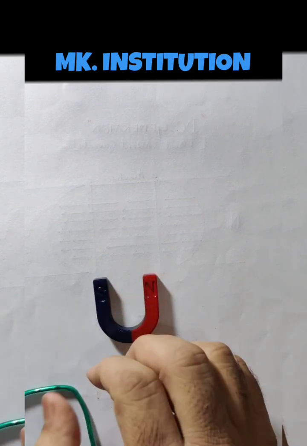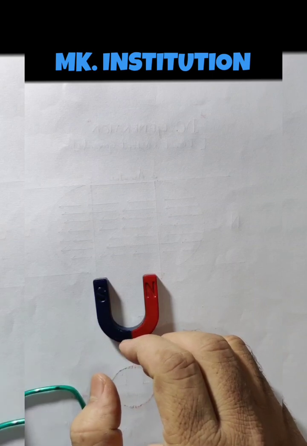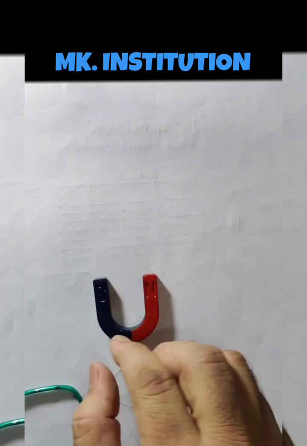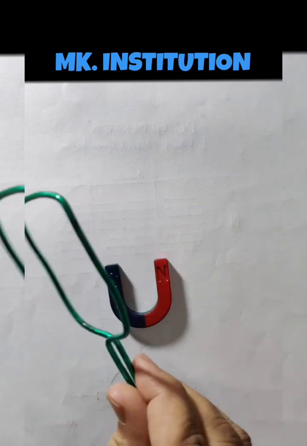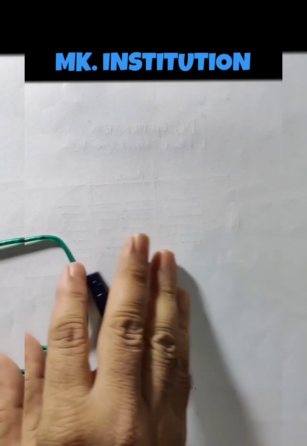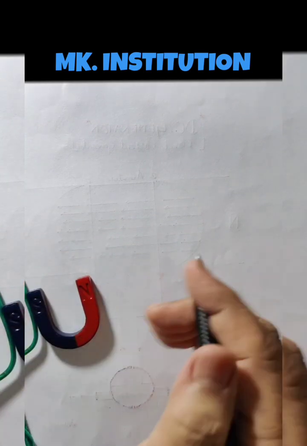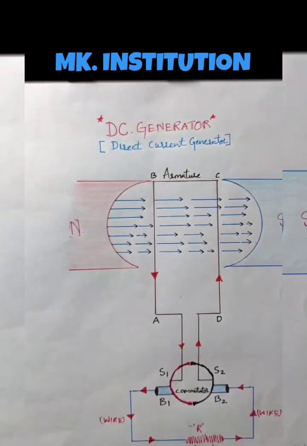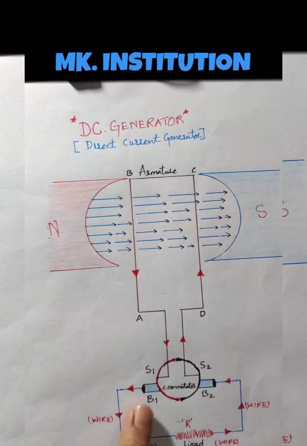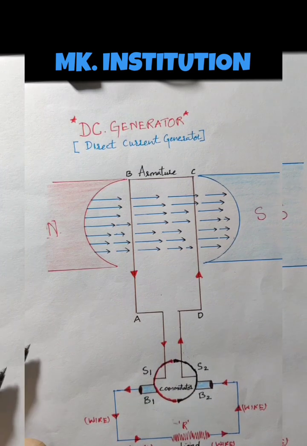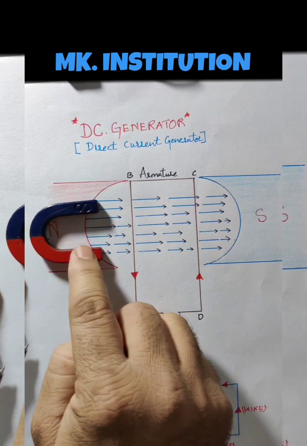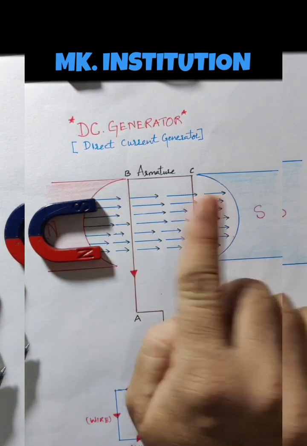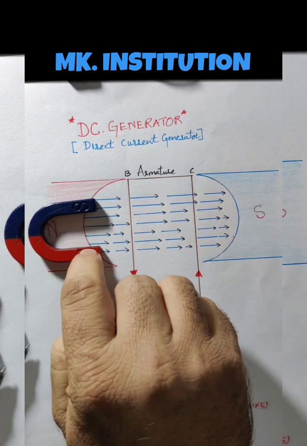In that I have written the requirements needed to prepare the AC and DC generators. Specially, horseshoe magnets are there, the armature is there, and we have taken 2 slip rings also. You can see here, 2 slip rings are here, and here is the horseshoe magnet. Like this you have to keep one here and one here, south pole, north pole.